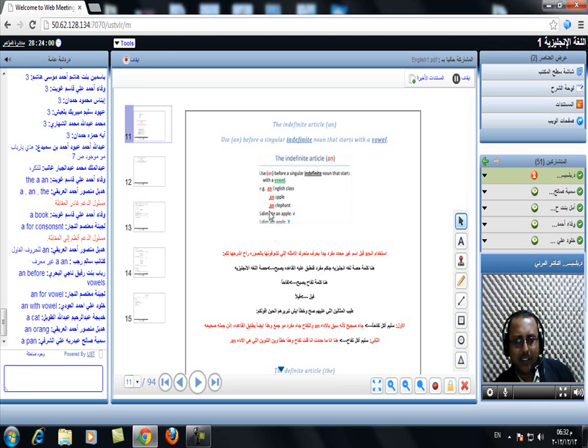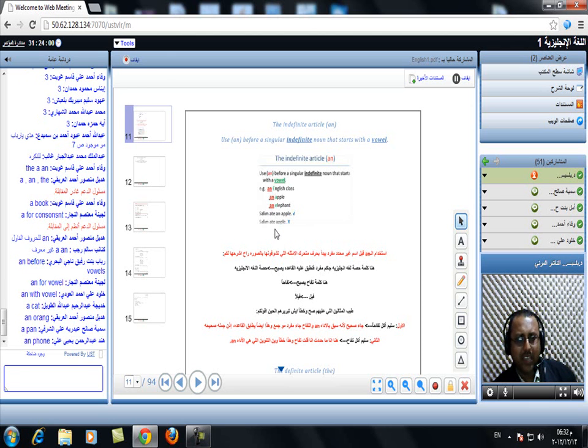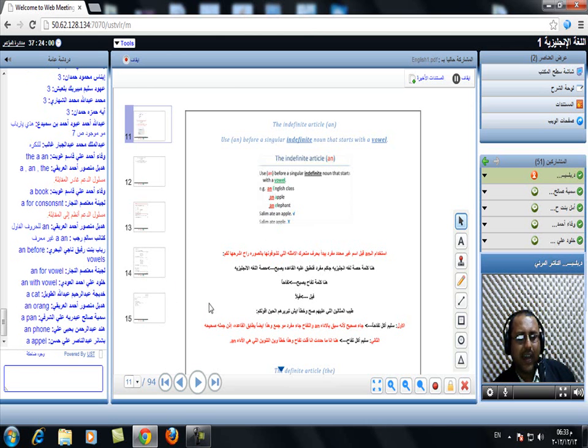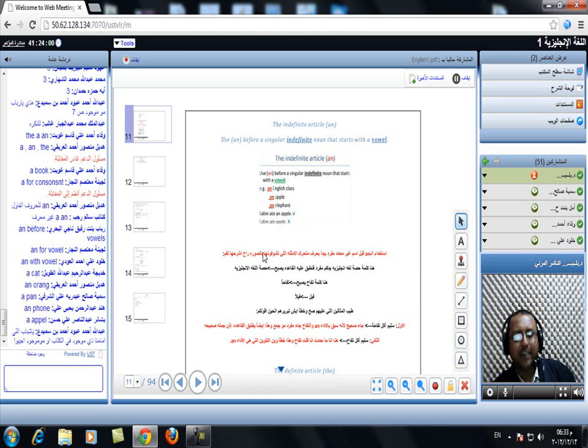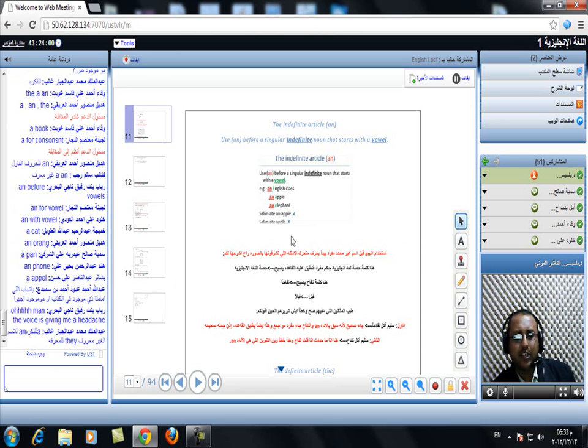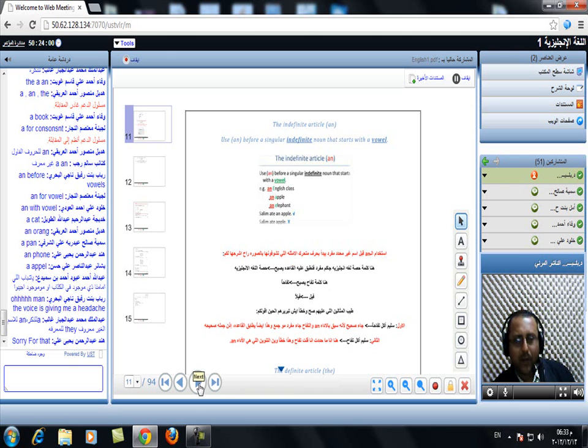Now these are examples of a and an. A phone, an apple, it's not a apple, Bashair. So a is used with nouns that begin with a consonant, and an is used for nouns that begin with a vowel.